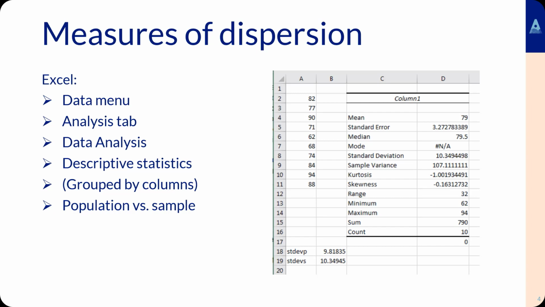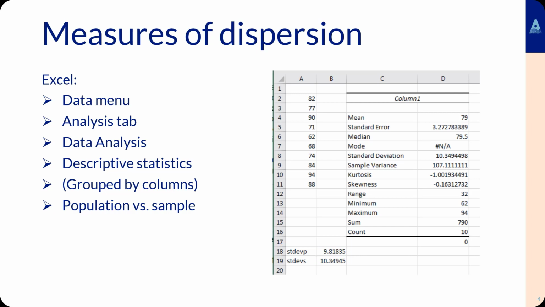If you look at this case, you can see in the Excel descriptive statistics, in cell D8, it gives you a standard deviation of 10.35. That differs from what you calculated manually. You should have calculated 9.82. So 9.82 is the correct population standard deviation because the 10 students we have are the entire population.